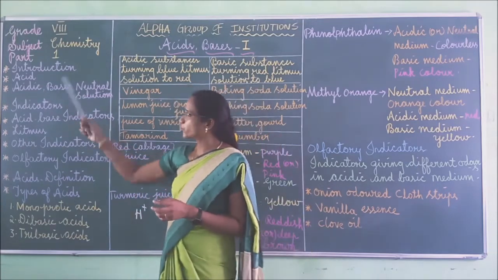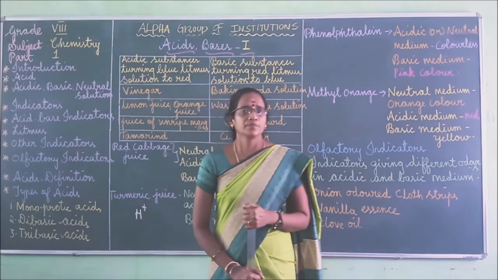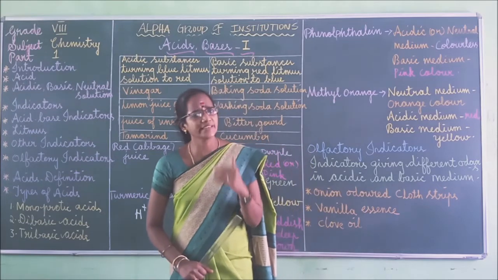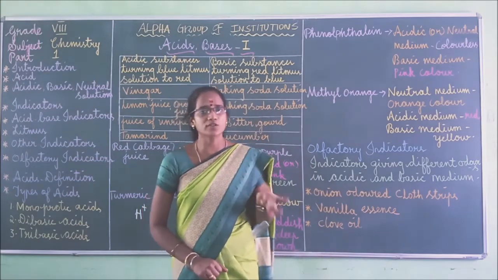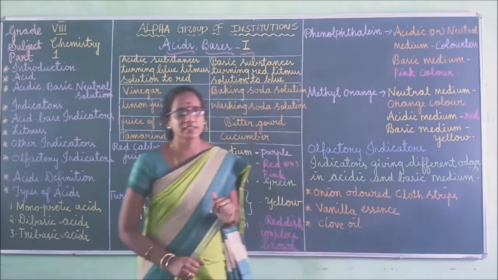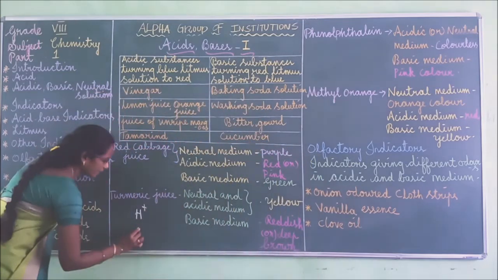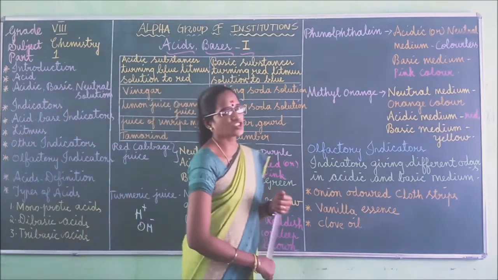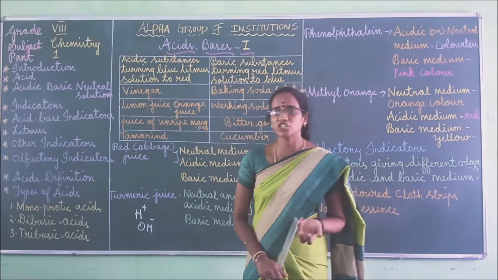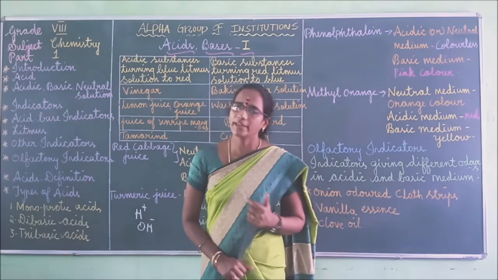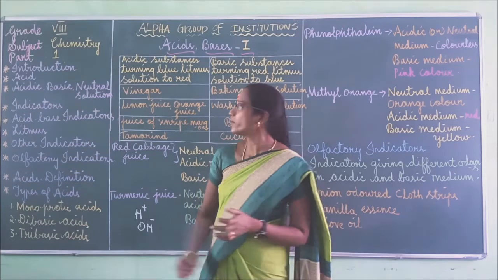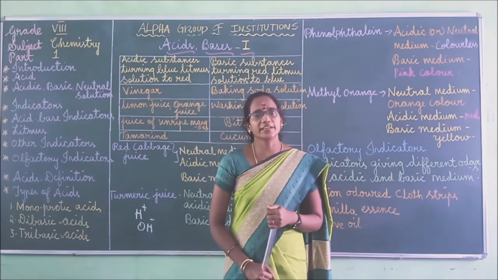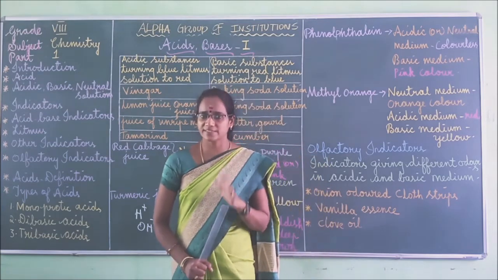So next we can move to basic solution. Basic solutions are the solutions which contain a larger concentration of hydroxyl ions. Hydroxyl ion means OH minus ions. So the solution which contains a larger concentration of hydroxyl ions comes under the category of basic solutions. Here the pH range will be greater than 7.